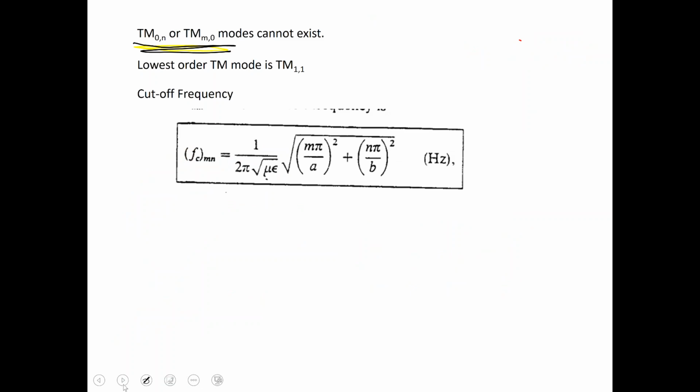So the lowest order TM mode is going to be 1, 1, which basically means there is one major lobe, one peak in the x direction, and one peak in the y direction. So it's a mode which is almost looking like that of a semiconductor laser or a laser pointer.